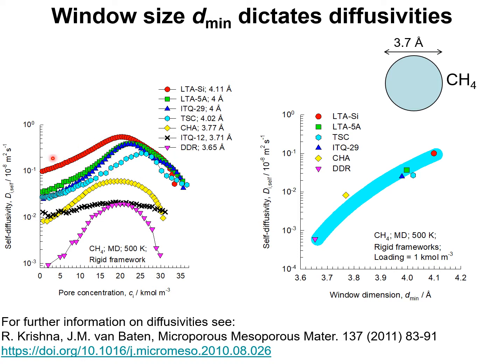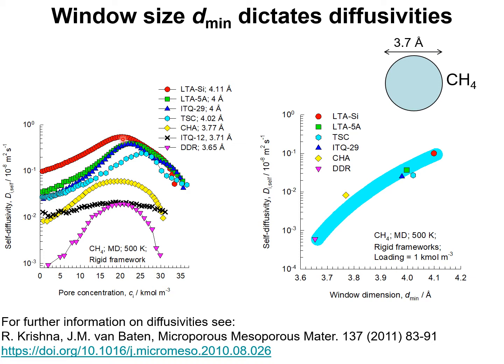The hierarchy of the diffusivities is dictated by the size of the window aperture. In each case, we use the d-min, which is the minimum dimension of the window aperture, to characterize the window size of that particular zeolite.